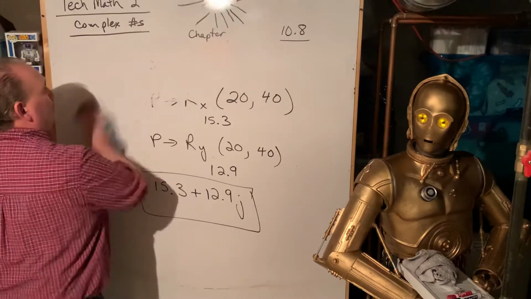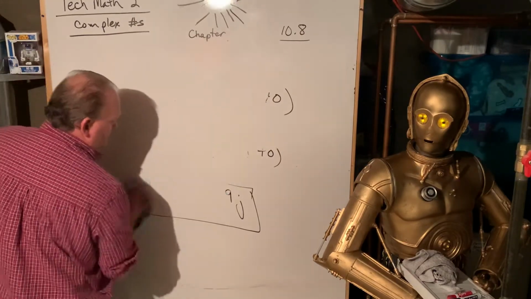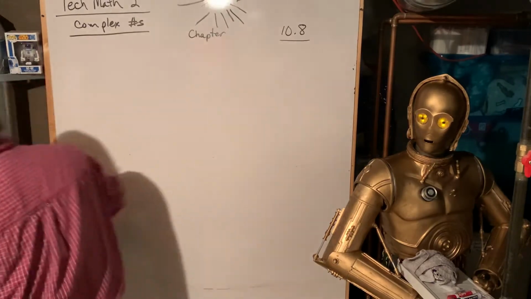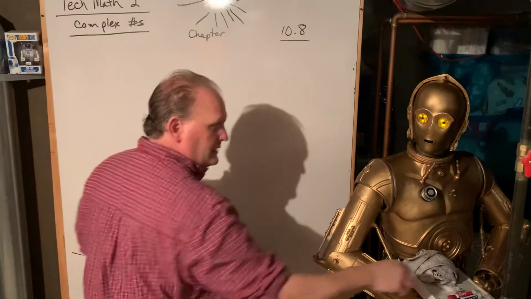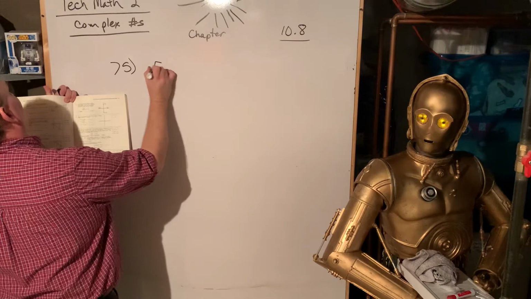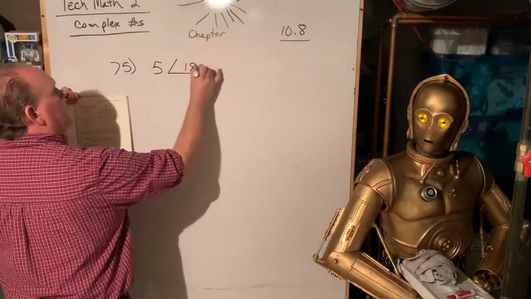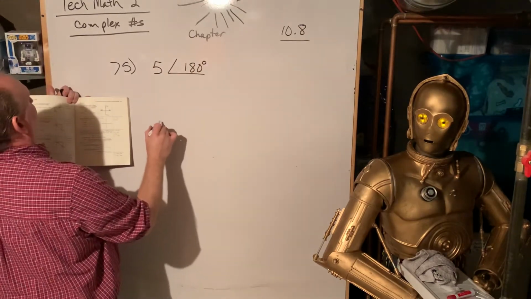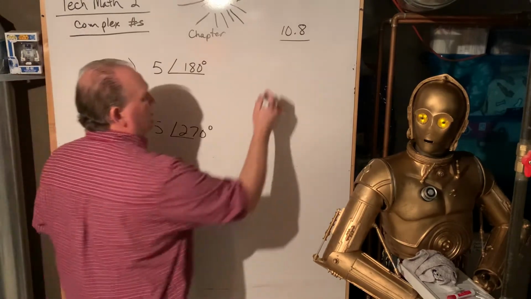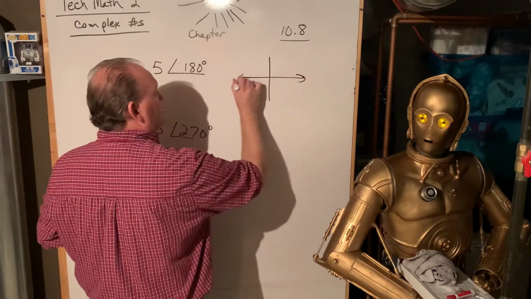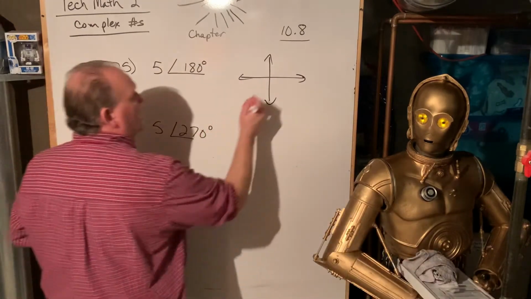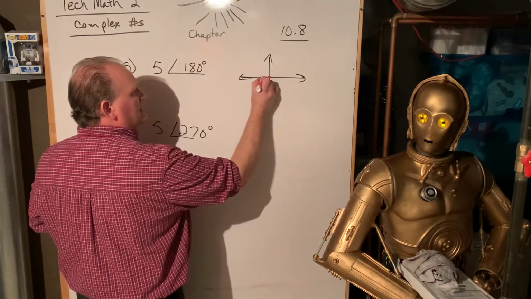We'll do 75. With 75, they have 5, 180 as their polar coordinates, and they have 5, 270 as their polar coordinates. You really don't need a calculator to do these, because look what's going on there. Let me do the graph. So 5, 180. 5 is the length of the vector.